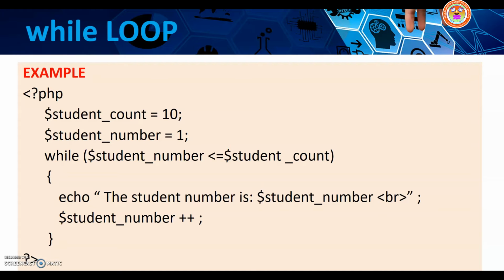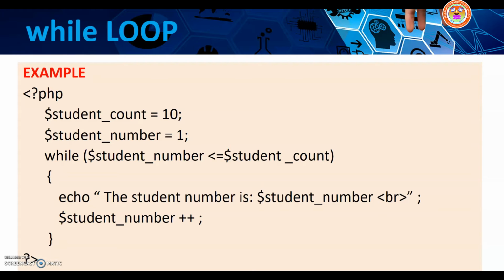The control enters into the loop. So first it is checking student_number is 1. 1 is less than or equal to 10. Condition is true. So immediately the code inside the flower bracket will be executed.